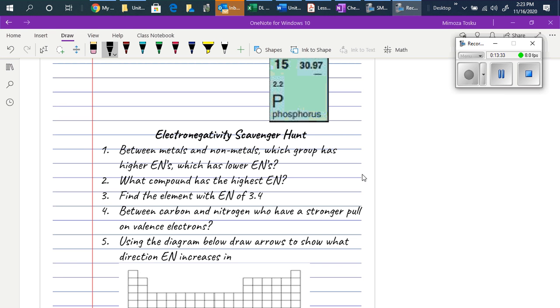Based on the definition that we just said, the electronegativity is the ability to attract valence electrons. And now we know that between metals and non-metals, the ones that like to attract electrons are non-metals.